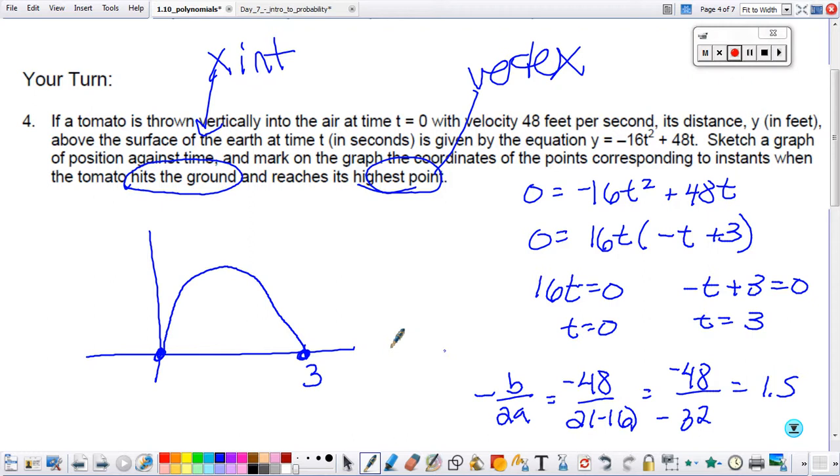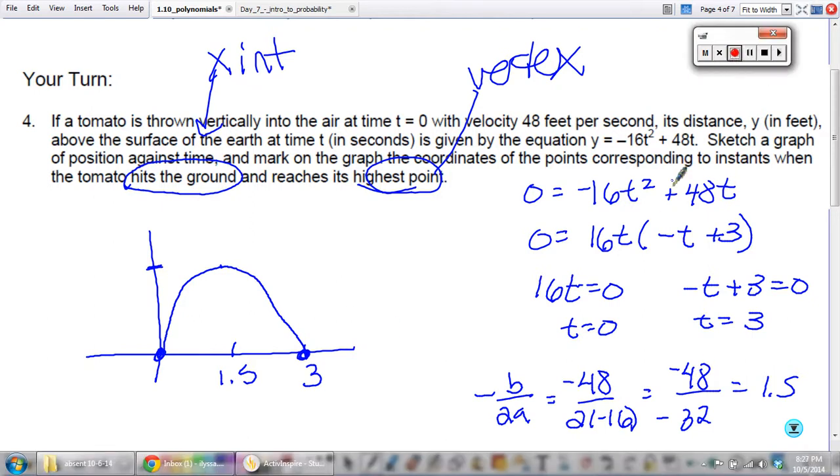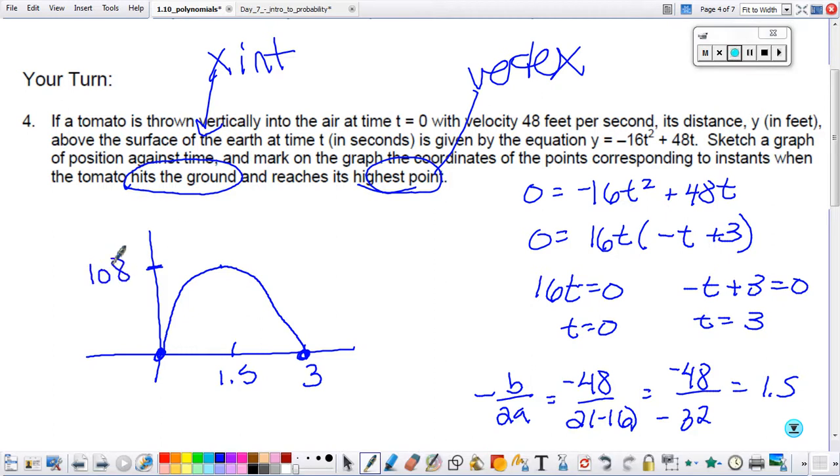That is 1.5. And then for the maximum value, we have to take 1.5 and substitute it back in. So when we do negative 16 times 1.5 squared plus 48 times 1.5, we get 108. This is time. This is position. Remember, we're going to be precise. Label as much as we can.